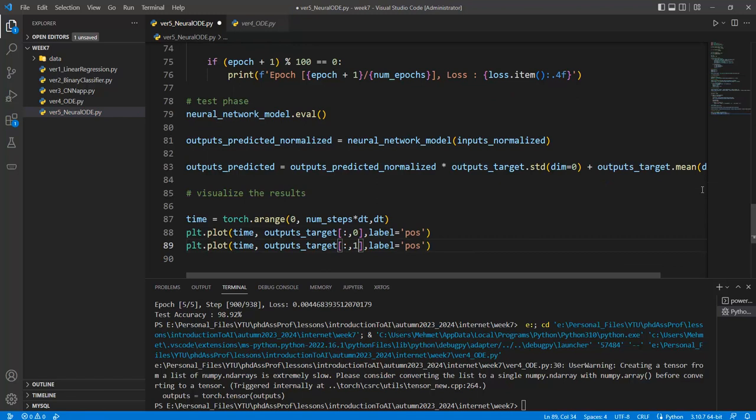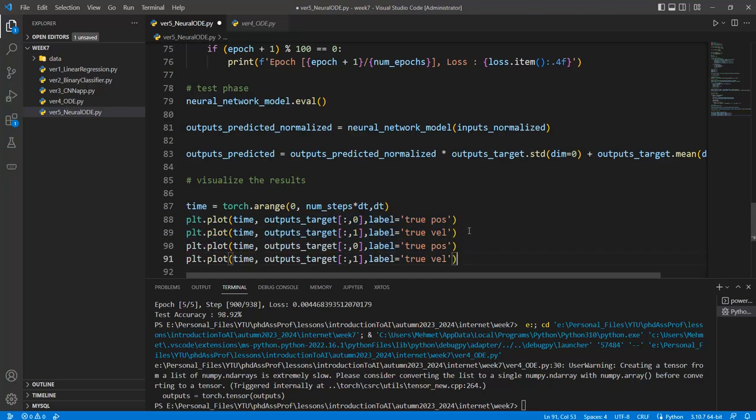In the second place the one well, true pose, and after that we plot the outputs predicted, with the label predicted pose.